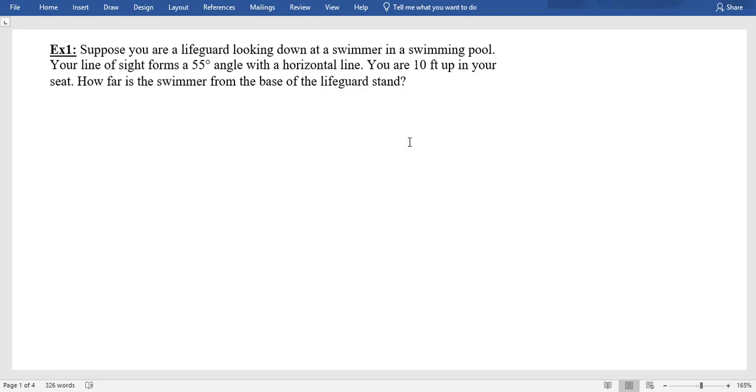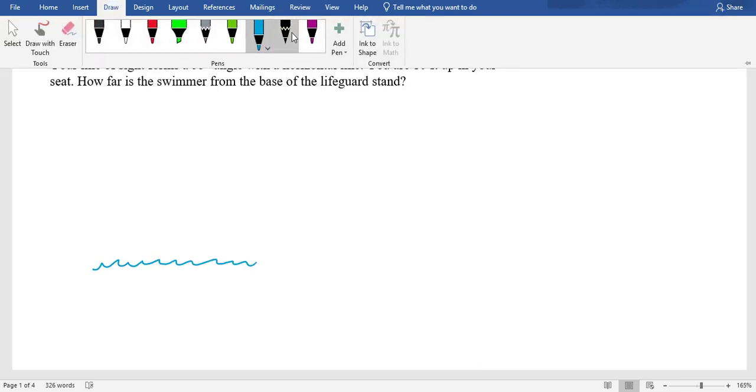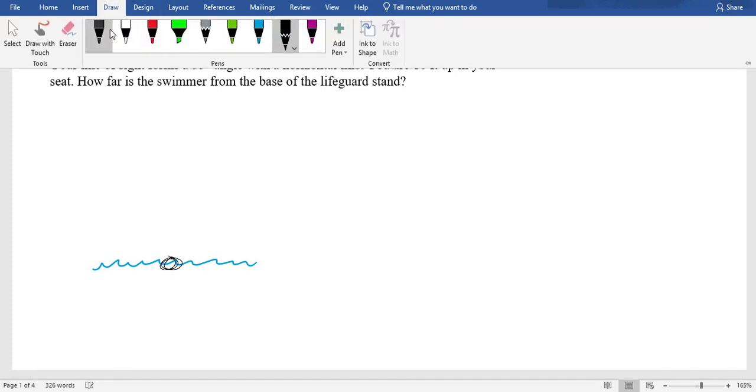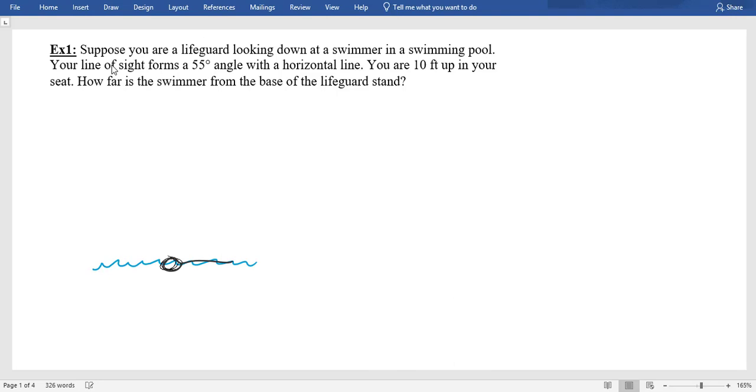Now, here's the second thing you've got to really be careful of. You have to draw a good picture. Not only does your angle have to start from the horizontal line, but you have to have the right picture to be able to do that. And here's what some people do. They draw the water, and then they draw a swimmer in here swimming.